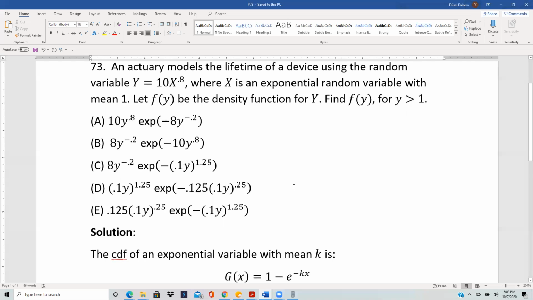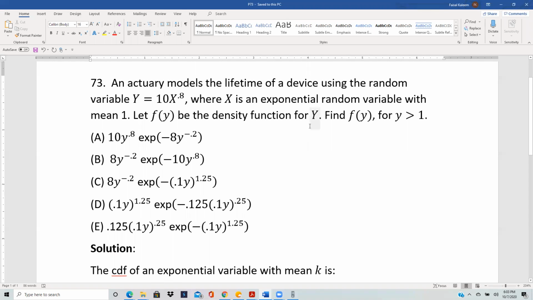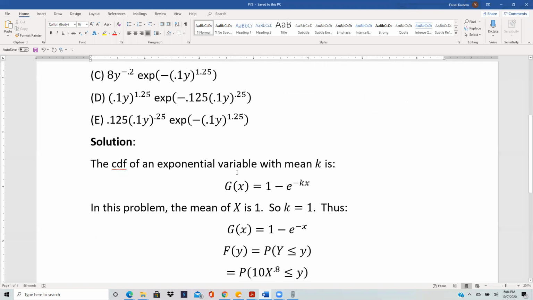Eventually we need Y, and you can get Y whether you know the PDF or the CDF of X, but if you know the CDF, that's actually easier. And we know that the CDF for an exponential variable with mean k is 1 minus e to the negative kx.